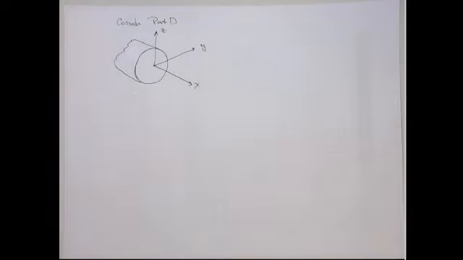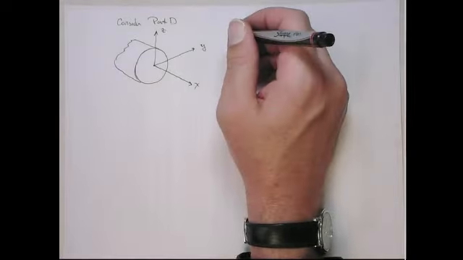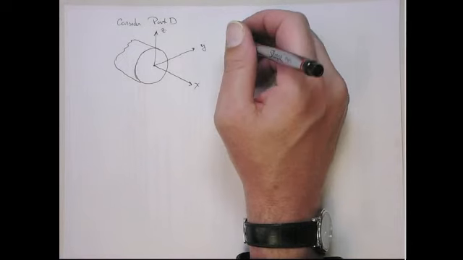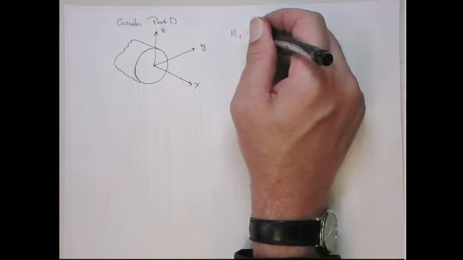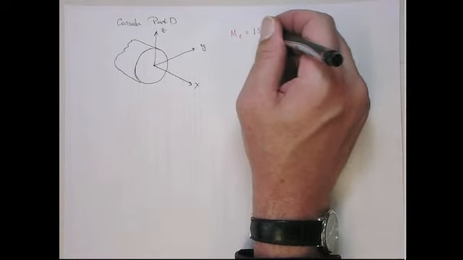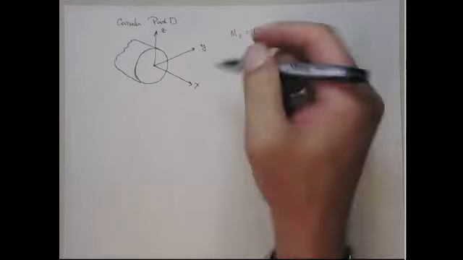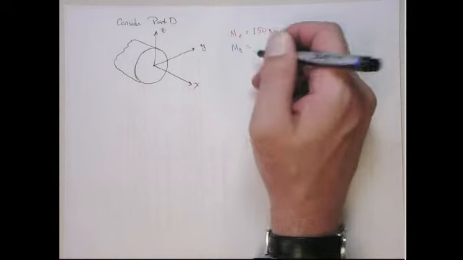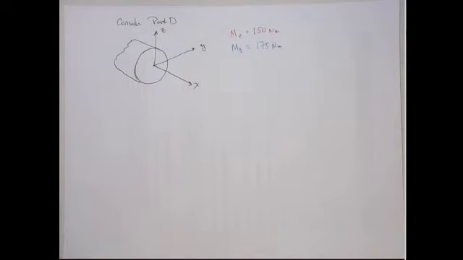This is point D. All right. Now, at point D, we have two bending moments. We have the M about the Z, which is equal to 150 Newton meters of bending. And then we have the Y, which is 175 Newton meters. Okay?